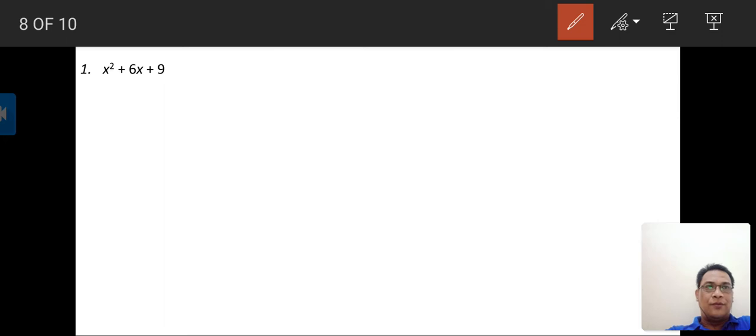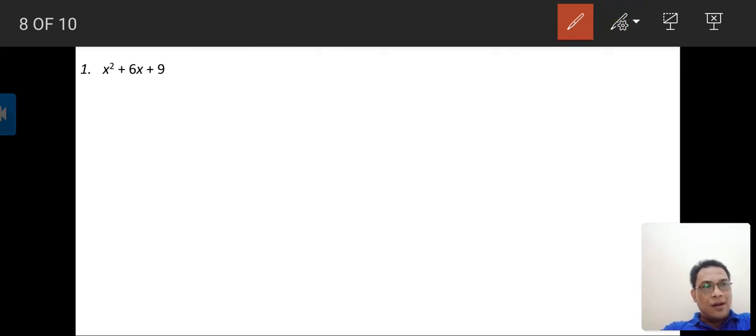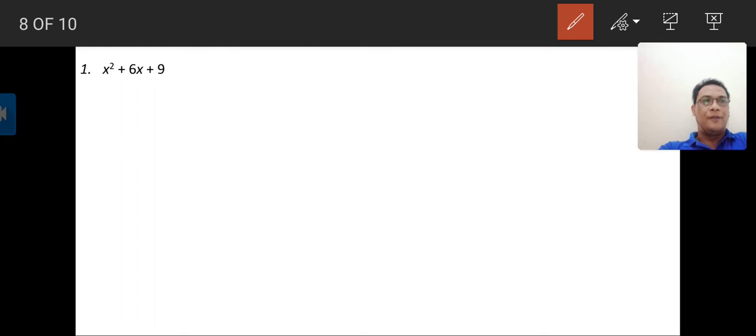Okay, so first you have to make your parentheses raised to the square. So let me have your parentheses squared. Second step, copy the sign of your second term. Since the second term is positive, that will be positive.